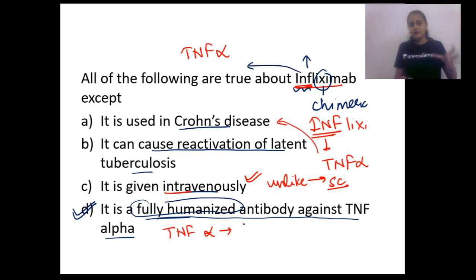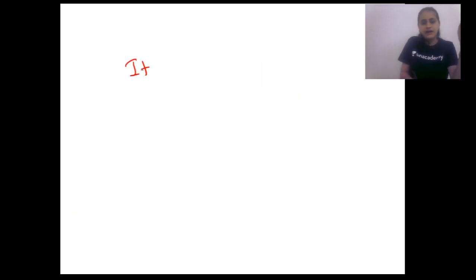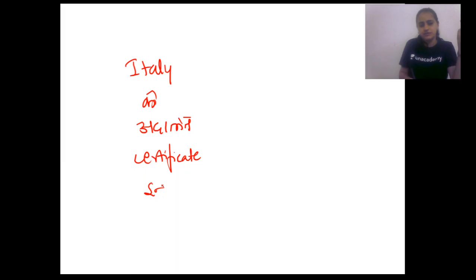To remember that, remember the mnemonic for TNF alpha: इटली की अदालत में सर्टिफिकेट देके इंसाफ होता है. What do we mean by that? इटली means etanercept. अदालत means adalimumab.